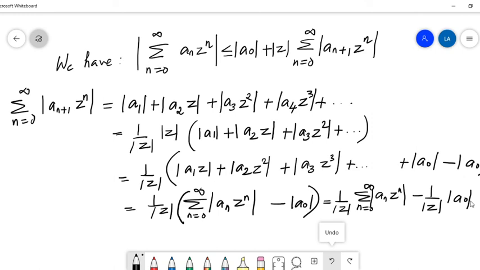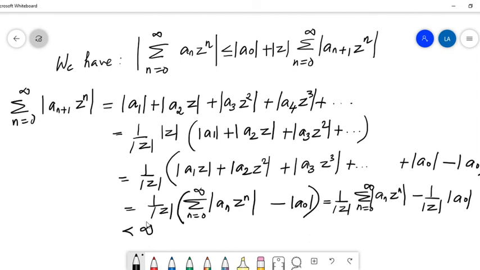Since z is not equal to 0 in this case, 1 by mod z will never become a large quantity, and as we already said, this value will be a finite quantity and this a_0 is a definite complex number. So the difference here is strictly less than infinity.